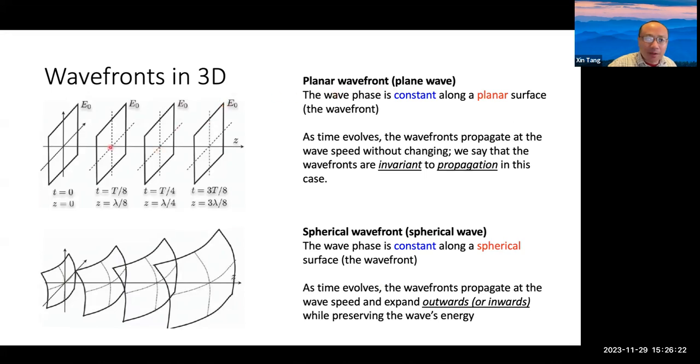For the plane wave, at different time points and different spatial locations, the wave will propagate in the same direction and remain in the same phase. For the spherical wave, the phase of the light remains the same on the spherical surface, and as they propagate, the occupied volume becomes larger and larger. Okay, so this is a different image representation of the same ideas.